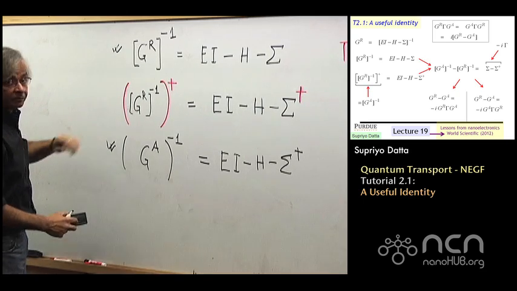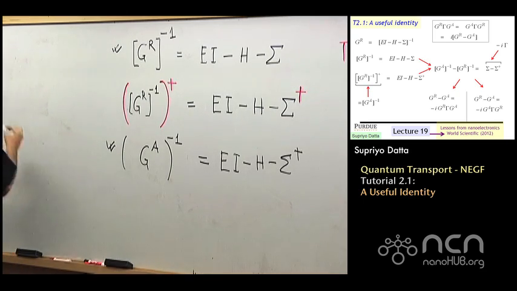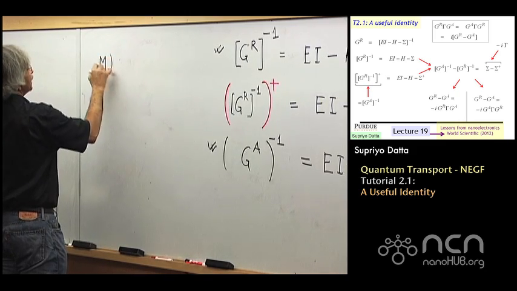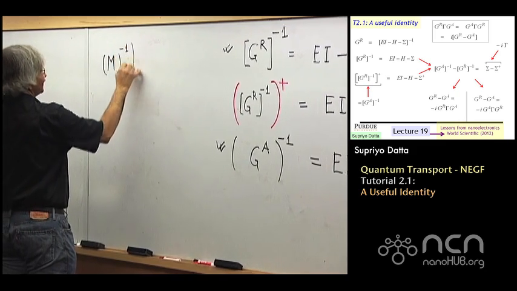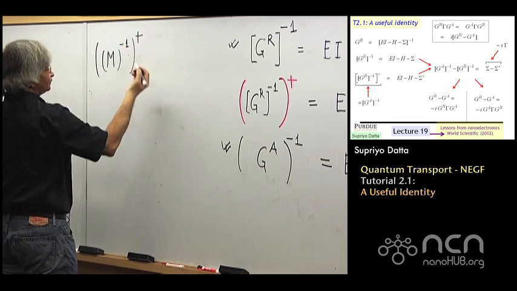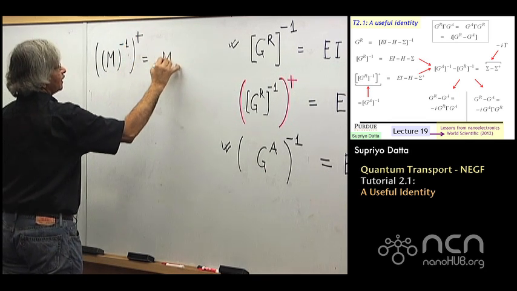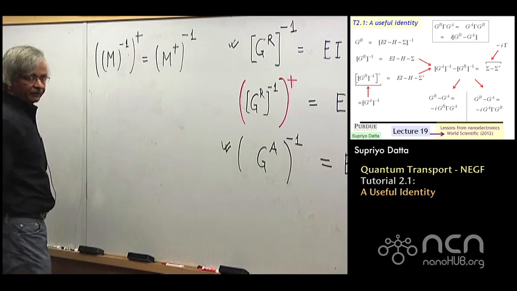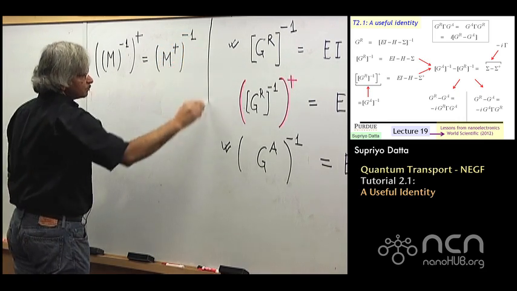But first then, let me prove that you can take any matrix, and if you have its inverse and then its dagger, it's equal to M dagger inverse. And this is true of any matrix. So let me just prove that.